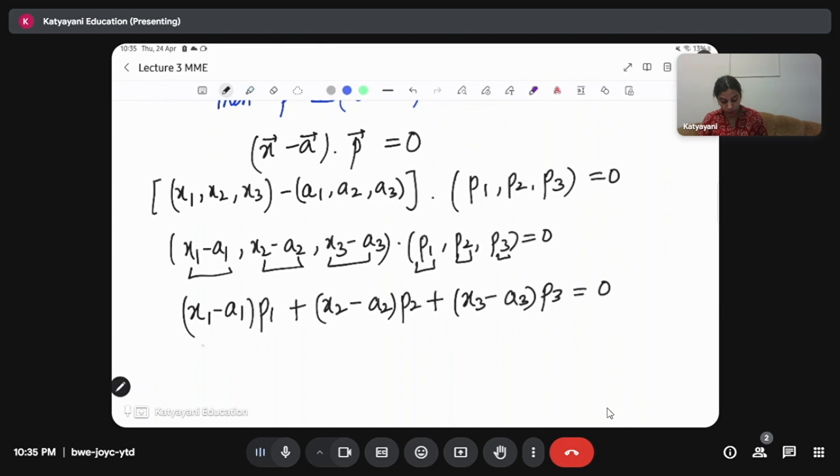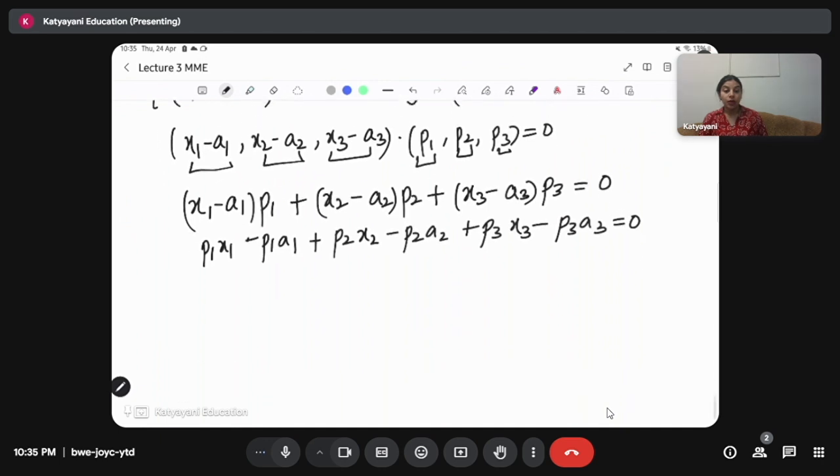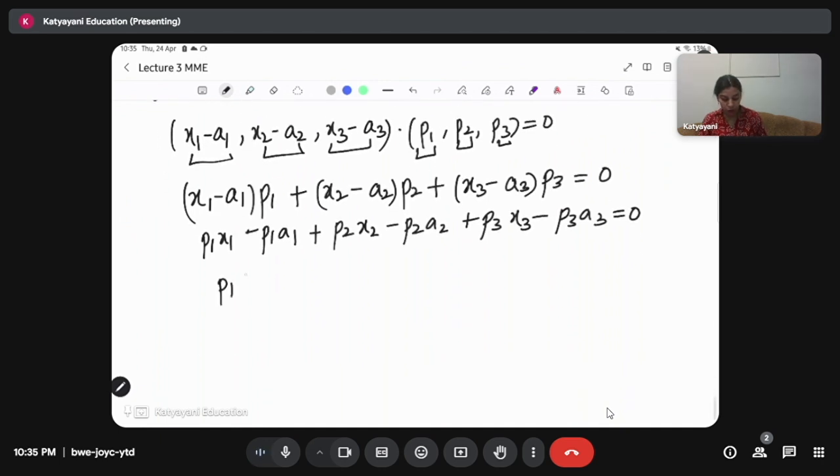When I open the brackets, I get P1 x1 minus P1 a1 plus P2 x2 minus P2 a2 plus P3 x3 minus P3 a3 is equal to 0. Now simplifying it further, I can write down the equation of my plane as P1 x1 plus P2 x2 plus P3 x3 is equal to, taking all the P1 A1 terms to the other side, P1 A1 plus P2 A2 plus P3 A3, right?